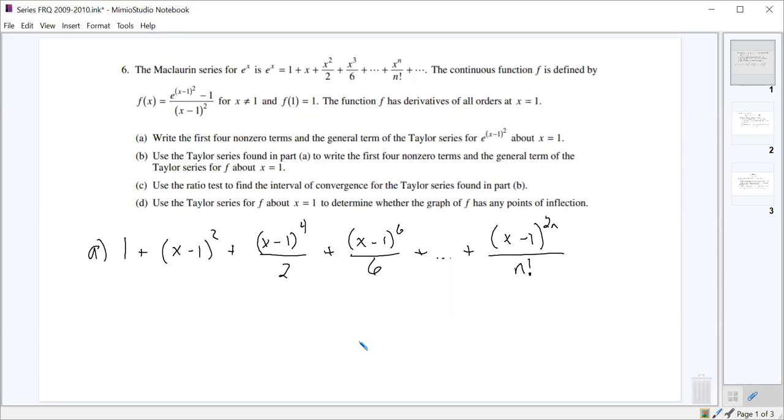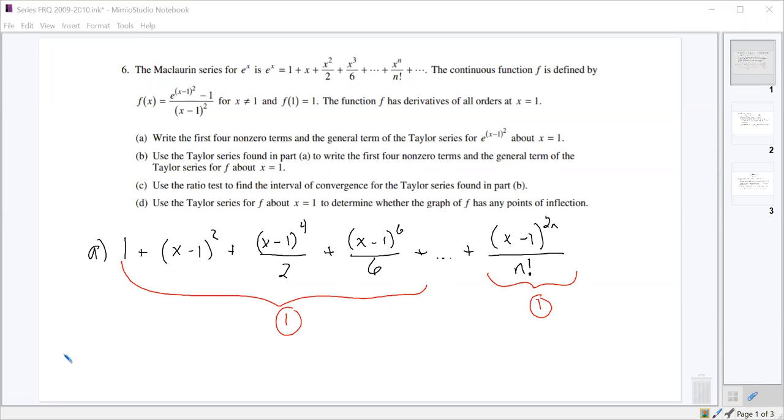Hopefully. Cool. So this was 1 point. Give myself a little more room so we can do part B down here. This was 1 point, and this was 1 point. And so 2 points for part A.